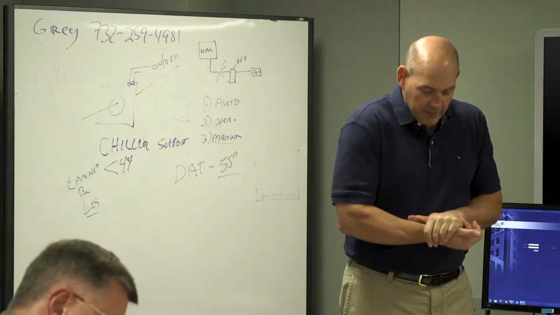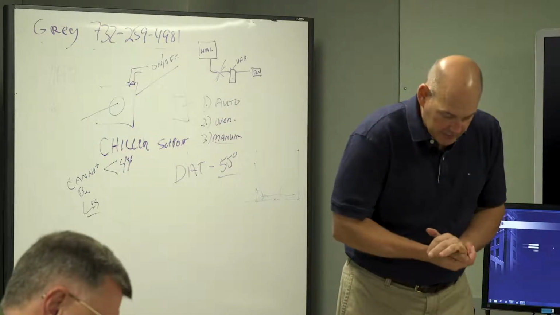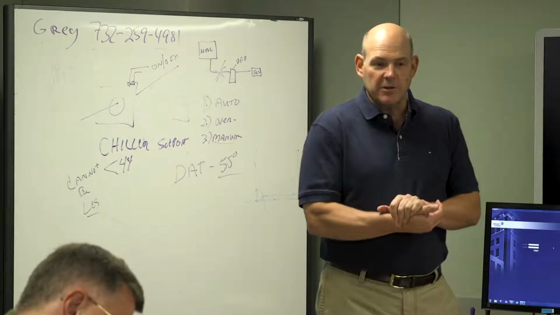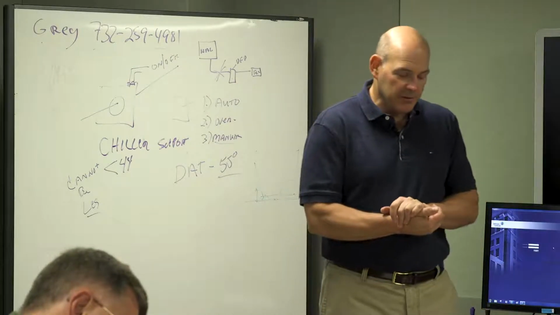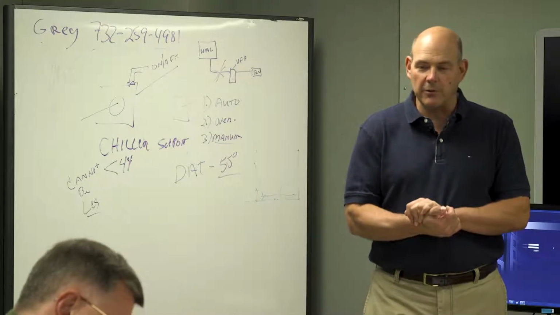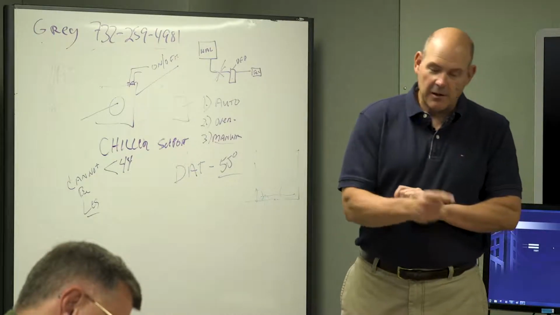The next one is a differential pressure monitor where it says CH3 CHW-F. So what we do is we take the differential pressure between the inlet and outlet, and we can do a calculation and tell you what the flow is. So the reason why it says F, it's a flow.